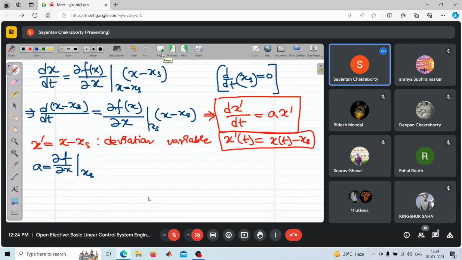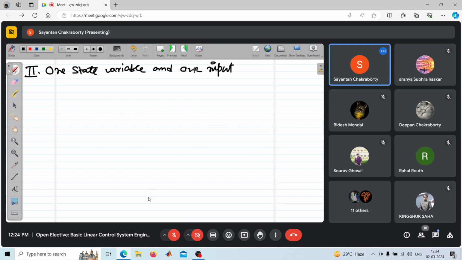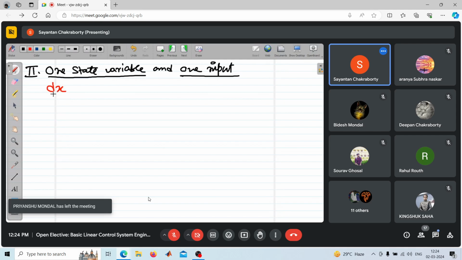Now, what happens if your system has one state variable and one input? That is, your dx/dt is a function of x and u.